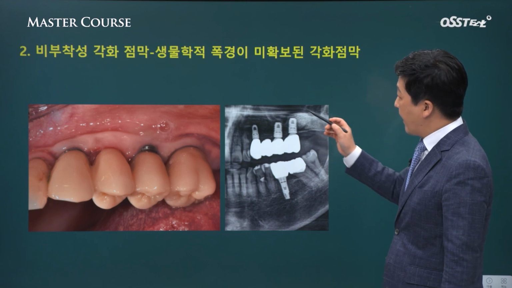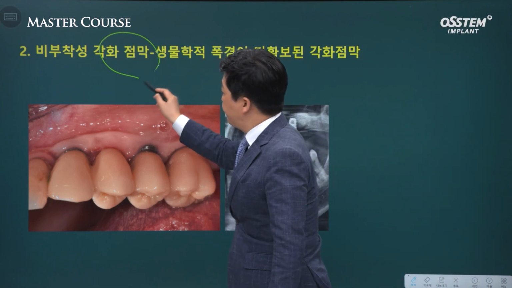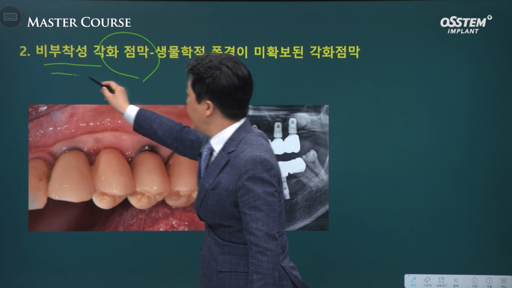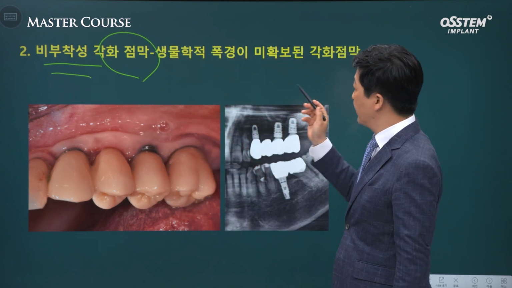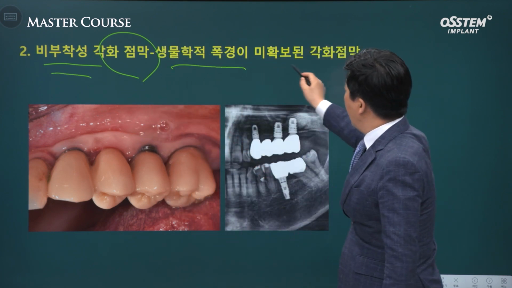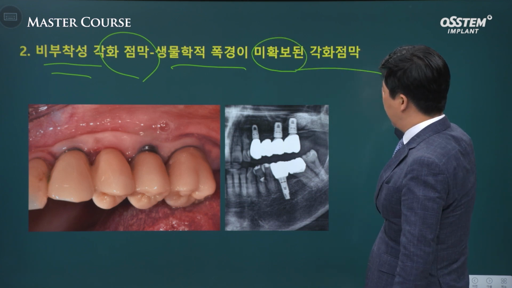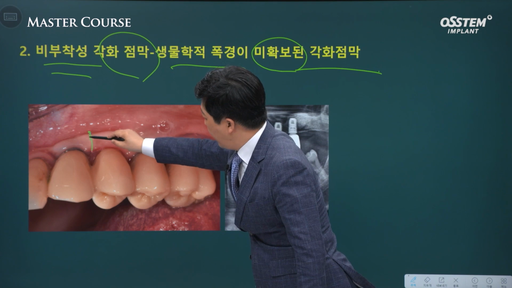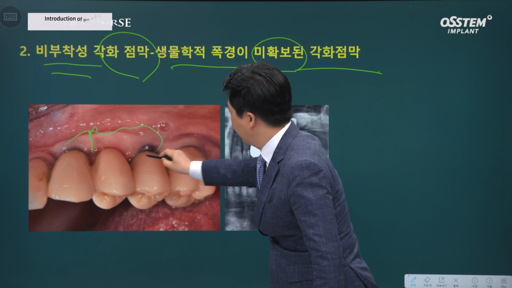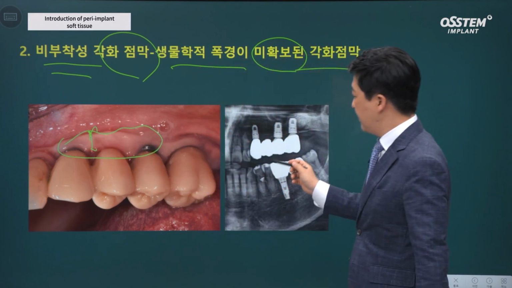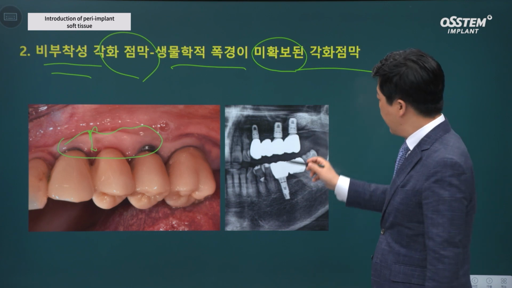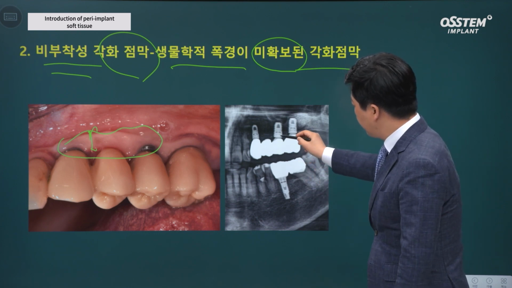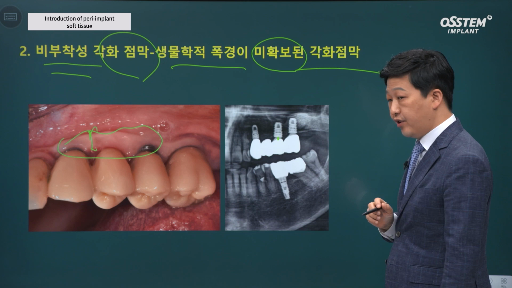Second, there is a keratinized mucosa, but it is not attached. This is keratinized mucosa without biologic width. As shown, there is sufficient keratinized mucosa. However, if you look at the X-ray image, abutment height is very tight.